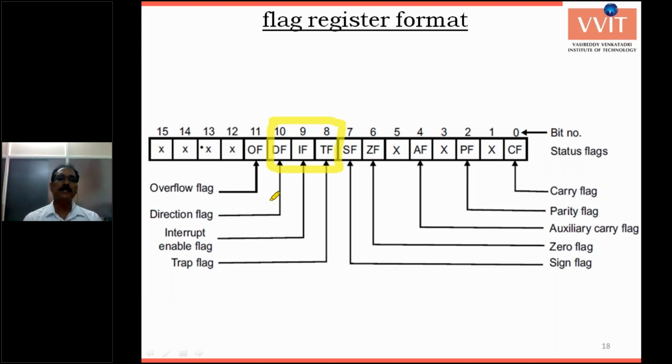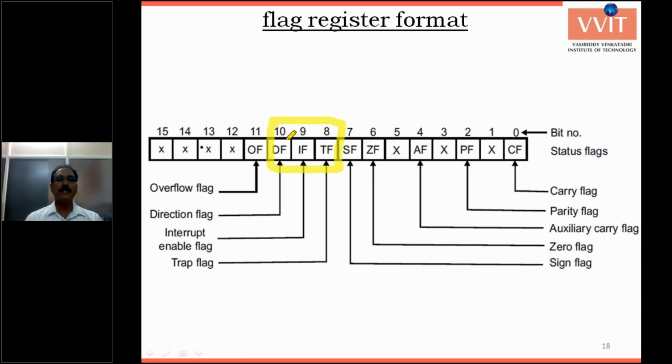That is referred to by the direction flag. If the direction flag is 0, it is forward movement; if it is 1, it is backward movement. The machine refers to the content forward or backward depending on the DF. The programmer sets this with the statements CLD or STD, clear direction flag or set direction flag.